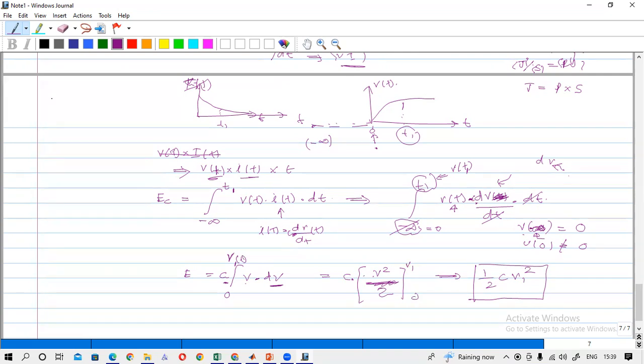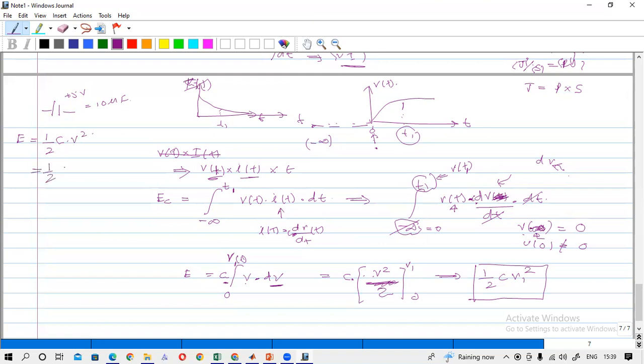That means if you are given a capacitor with 5 volt across it, and the capacitance is 10 microfarad, and you are asked for the energy of this capacitor, you can easily find it: half C V square.